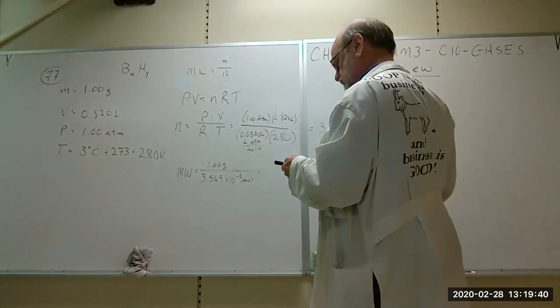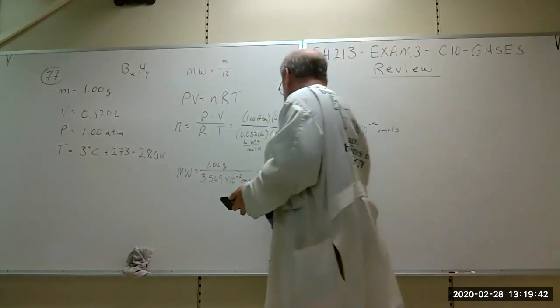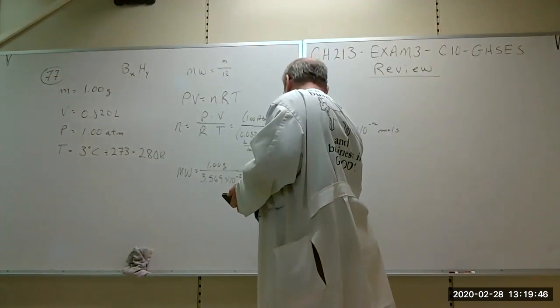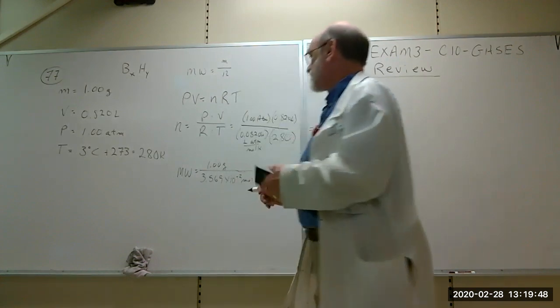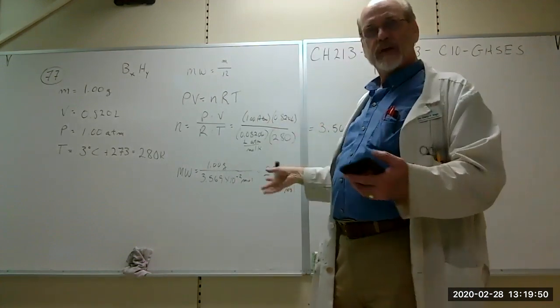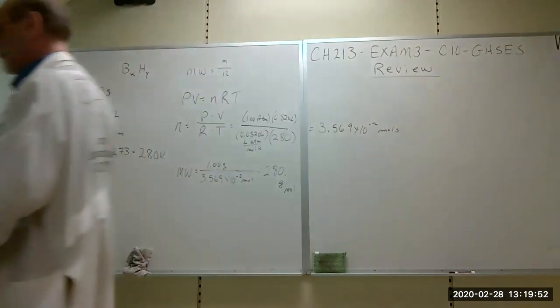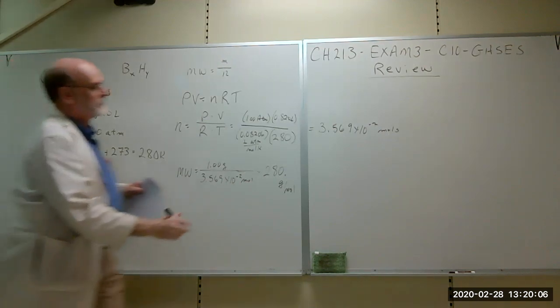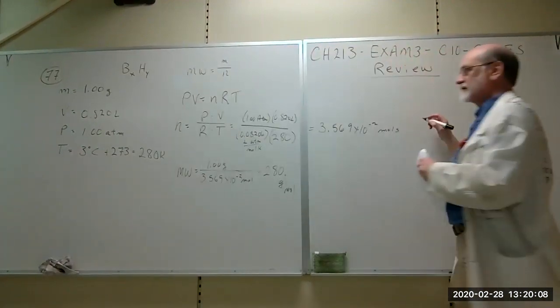I get 208 grams per mole. Okay. Now we can compare that to our choices. So what are our choices? Let's see, here we go. So A, oops, keep right over there. Let's do it over here. Keep it on screen.